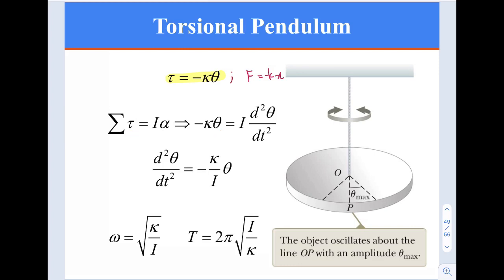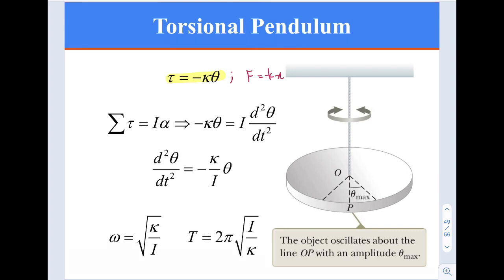So your torque is now negative kappa times theta, and I times alpha, where alpha is d squared theta over dt squared. From here you may rearrange: d squared theta over dt squared, the alpha just now, is equal to negative kappa over I times theta.